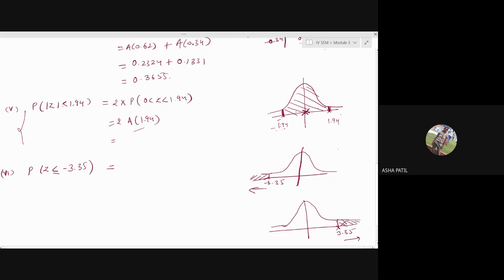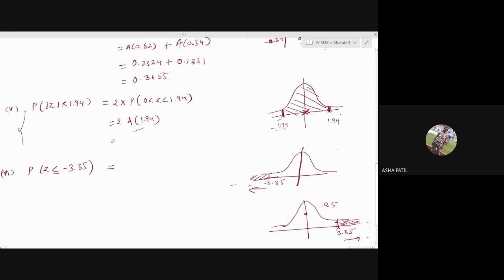Either it is area less than minus 3.35 if you go to the left side, or area greater than 3.35 if you go to the right side. We want this shaded area. The total area to the right side is 0.5. In that, if you subtract the area from 0 to 3.35, you will get the remaining area. That is what is required for us.